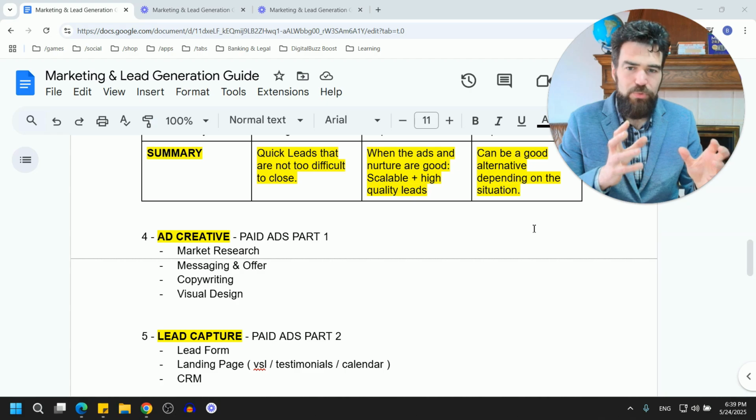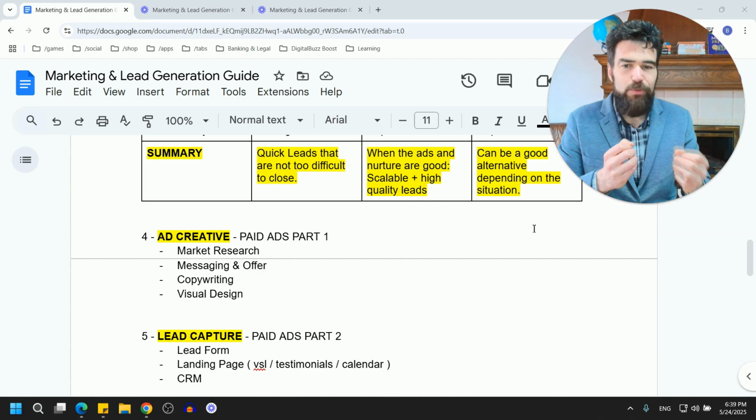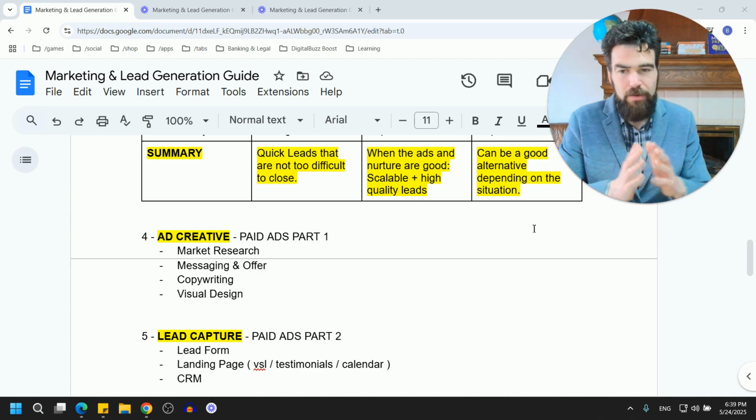We do this research because we want to create a great message to those people. That's really the most important part. Well, I can say this almost without a doubt: messaging is the most important part.